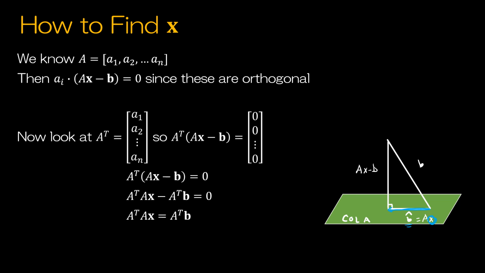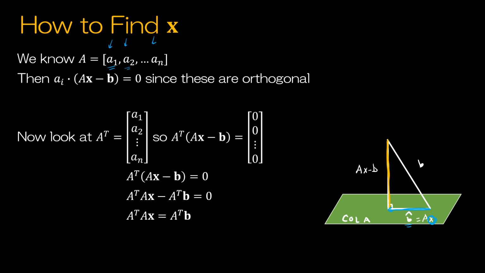So if we know that A is just some matrix full of column vectors, A1, A2, and so forth to An, and we know that these are orthogonal, then each of these column vectors Ai multiplied by this vector, which is Ax minus b, all dot products will equal 0.